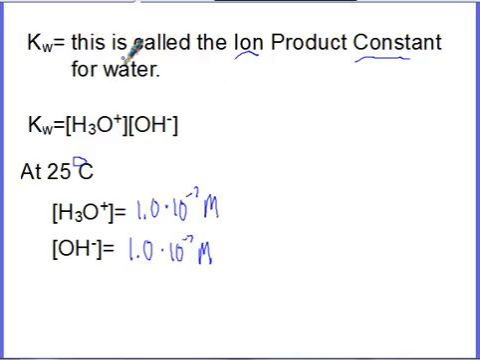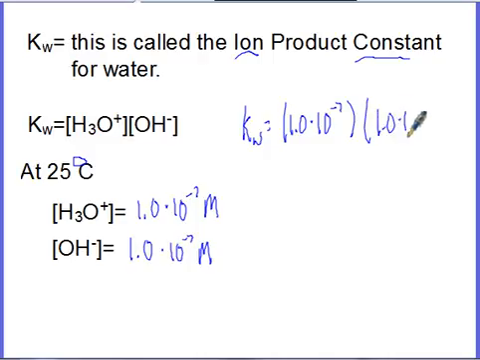We also know that Kw is a constant, so we can find what Kw is. Let's plug these values back into this equation and calculate Kw. Kw is equal to the concentration of hydronium, which at 25 degrees Celsius is 1.0 times 10 to the negative 7th, multiplied by the concentration of hydroxide, 1.0 times 10 to the negative 7th.